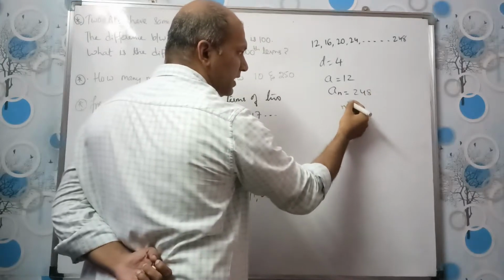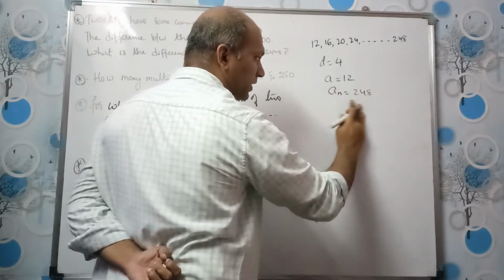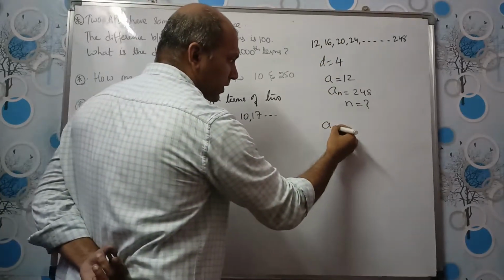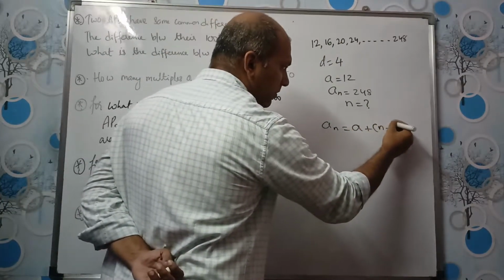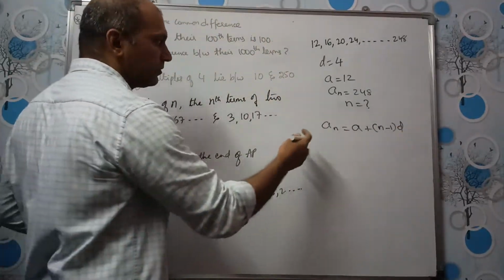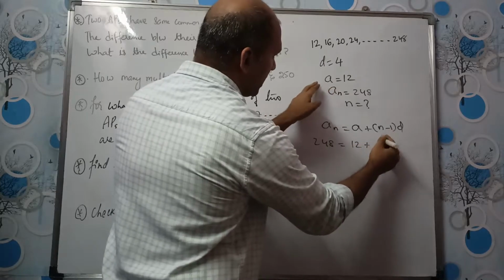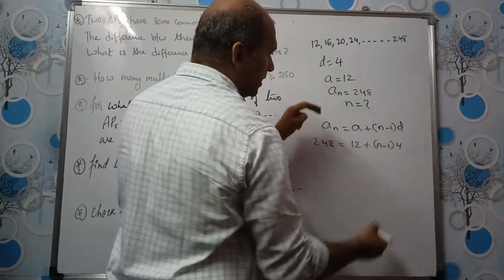248. What is the nth term? Sorry, what is the n value? That means how many terms are there? So an is equal to a plus (n minus 1) multiplied by d. So 248 is equal to 12 plus (n minus 1) multiplied by 4.